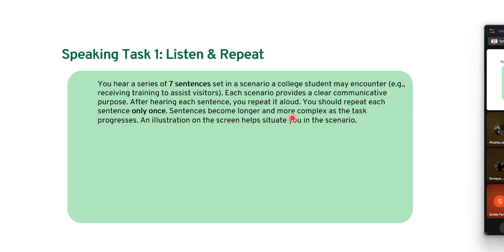And on the speaking section, there are around 7 sentences which are set in a scenario, because first it gives you a scenario, and then based on the scenario there are 7 sentences that could be related to a college student or could be related to other communicative purposes.